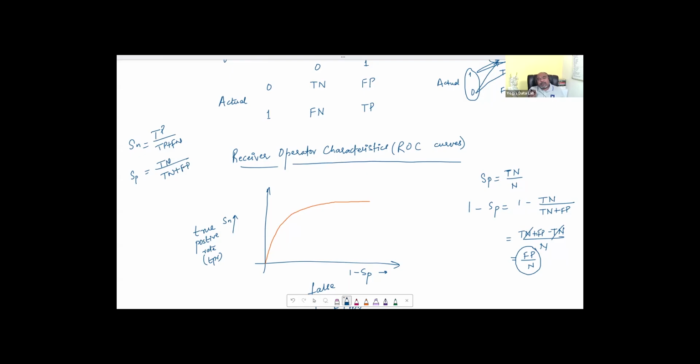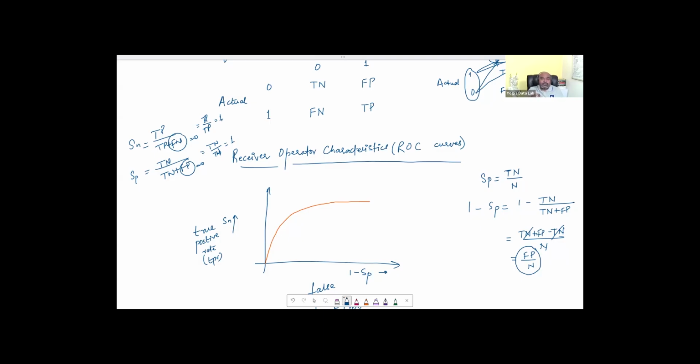For a 100% accurate model, my false negatives should be 0 and my false positives should be 0. When false negatives and false positives are 0, sensitivity becomes Tp by Tp, which is 1, and specificity becomes Tn by Tn, which is 1. So for a 100% accurate model without any false positive or false negative, sensitivity should be 1 and specificity should be 1.